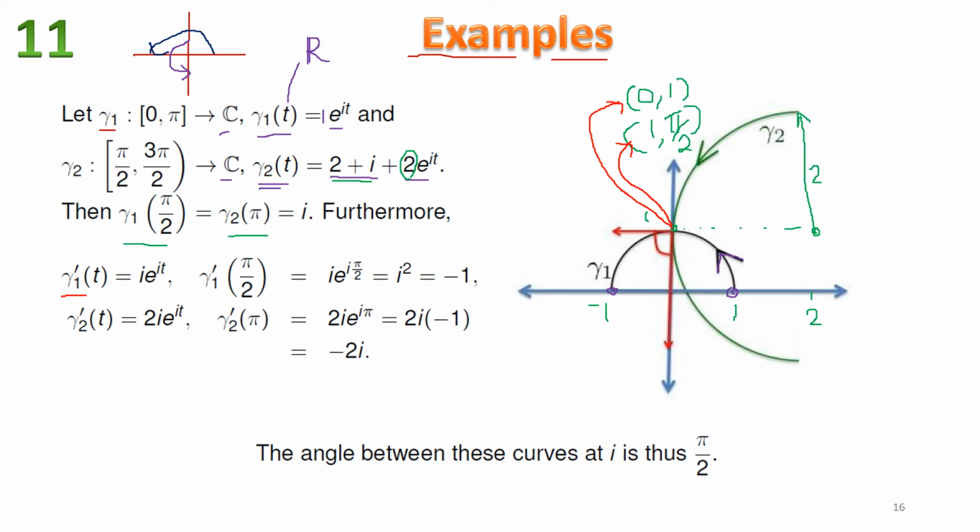You can split this notation and write e to the power it as cos t plus i times sine t, and then operate differentiation over it. No matter, you will be able to find the same answer in either form.